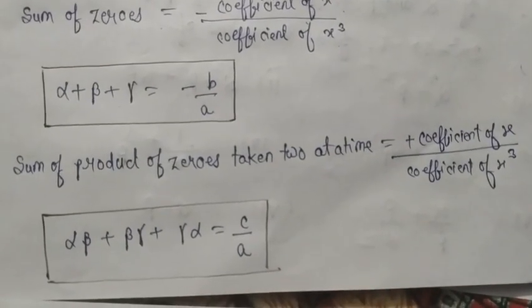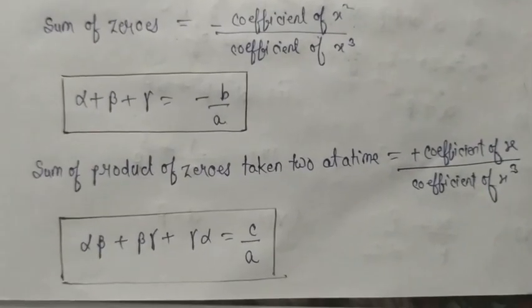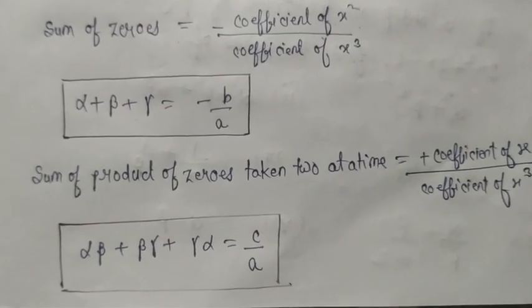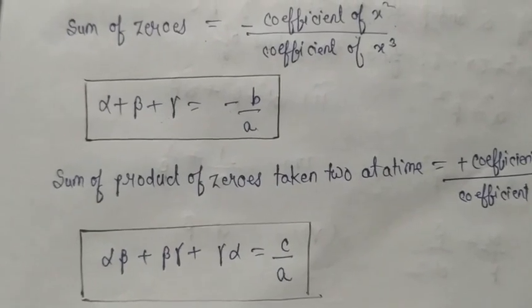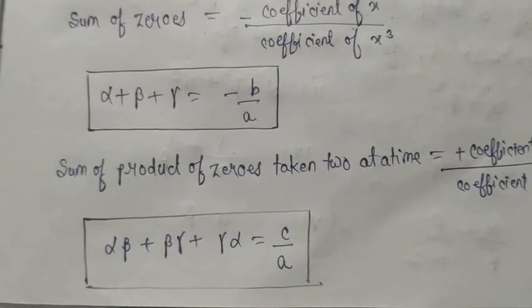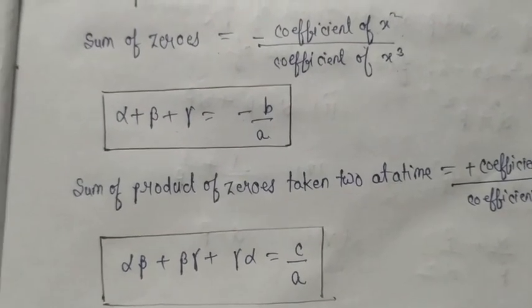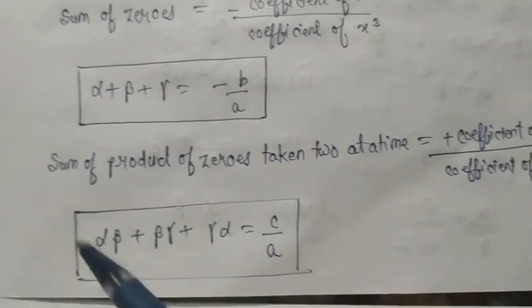Afterwards, the sum of product of zeros taken 2 at a time. Taken 2 at a time means there are 3 zeros, so first we will take alpha beta, then beta gamma, then gamma alpha, and the sum of their products. It means first we will take alpha beta, after that a plus sign will come, because sum is written here.